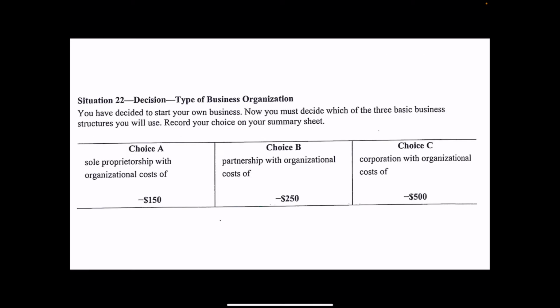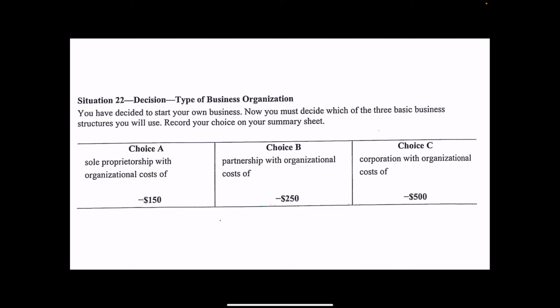Situation 22, decision, type of business organizations. You've decided to start your own business. Now you must decide which of the 3 basic business structures you will use. Will it be choice A, sole proprietorship with organizational cost of $150? That means you are going to have a business all by yourself. B, a partnership with somebody else, with organizational costs of $250.